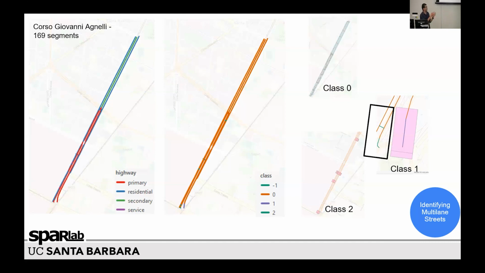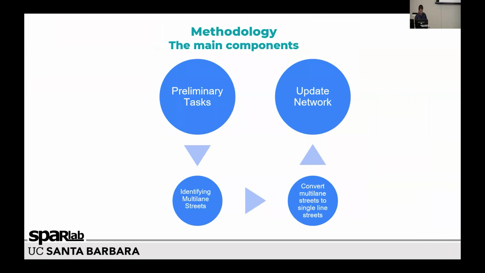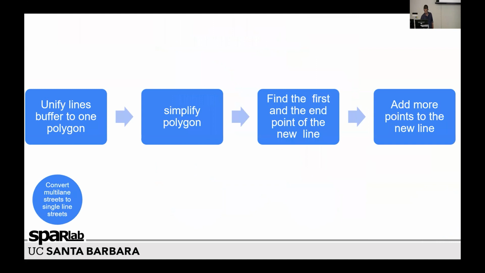Now that we know for each street whether we have a multi-lane street, we need to convert it into a one-lane street. And that leads us to the third component. I'm not going to talk at length about each step here, but the idea is to take a group of lines, make them polygons, and then simplify this polygon.